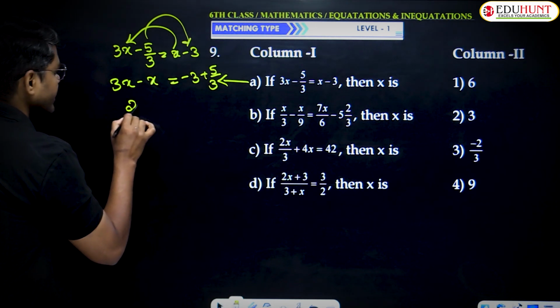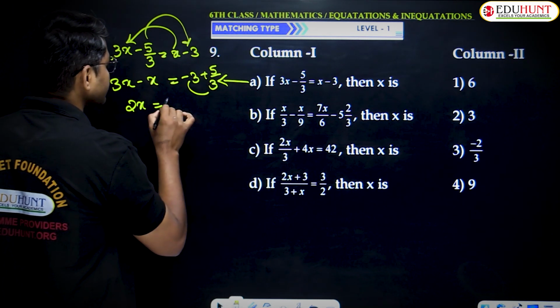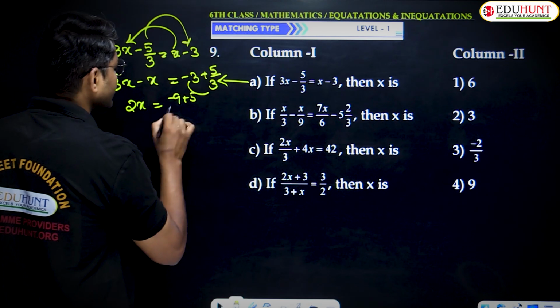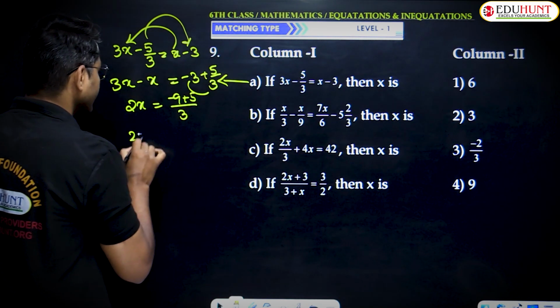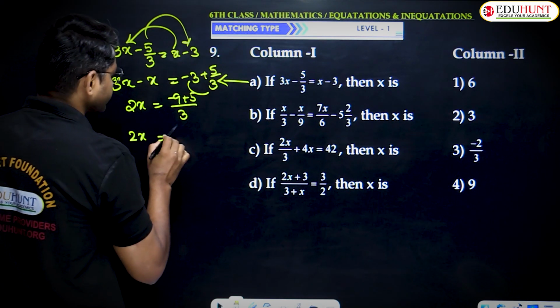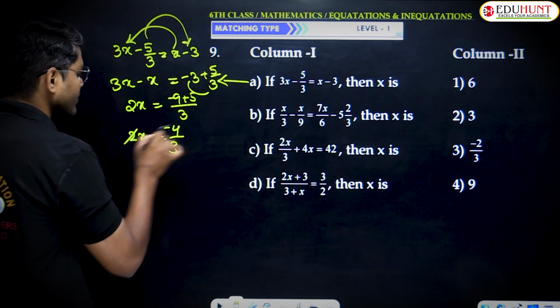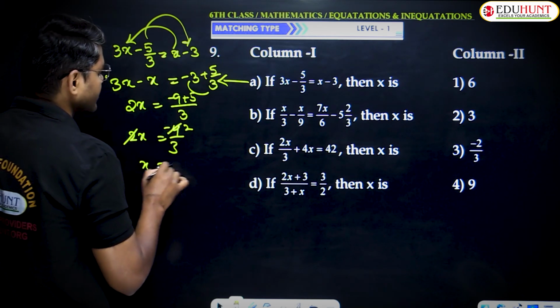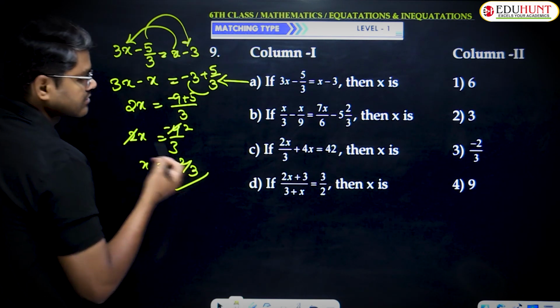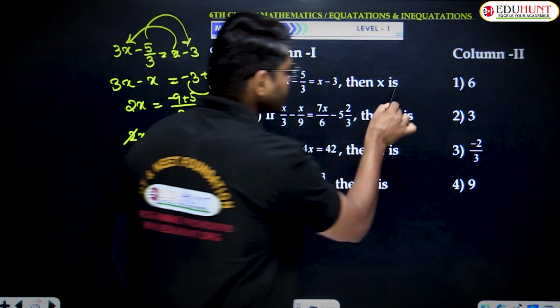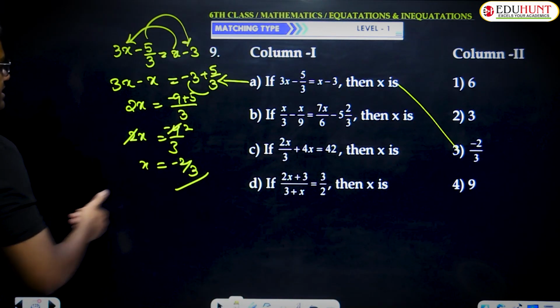This is 2x equal to 3 3s minus 9 plus 5 by 3. 2x is equal to minus 4 by 3. 2 ones, 2 twos. X is equal to minus 2 by 3. So, A is 3. Let us see B.